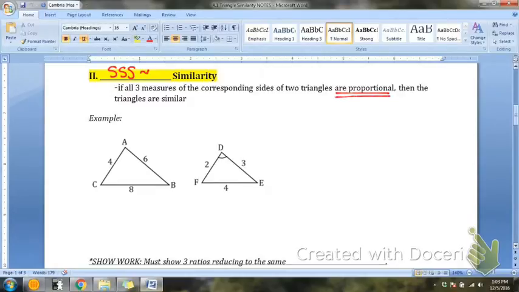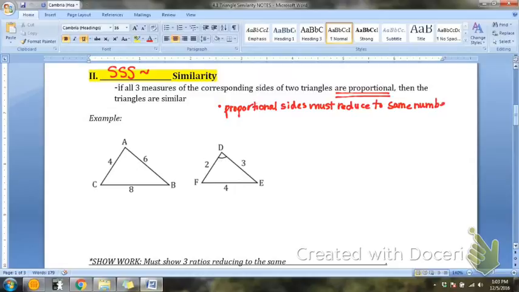The thing to remember about side, side, side is that all three sides are proportional. Okay, and so let's make ourselves a note here. The proportional sides must reduce to the same number.